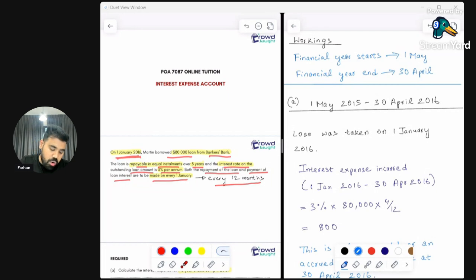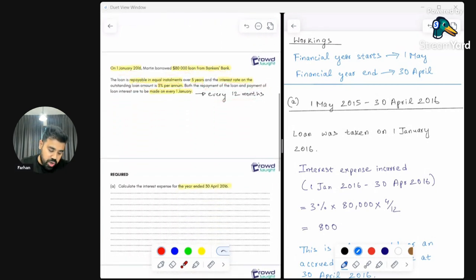Okay? All right. So the requirement of the first question is to calculate the interest expense for the year ended 30 April 2016. So let's look into the workings on the right hand side, and let's understand some things first. We are working with a business where the financial year starts on 1 May, typically, and ends on 30 April of the following year.